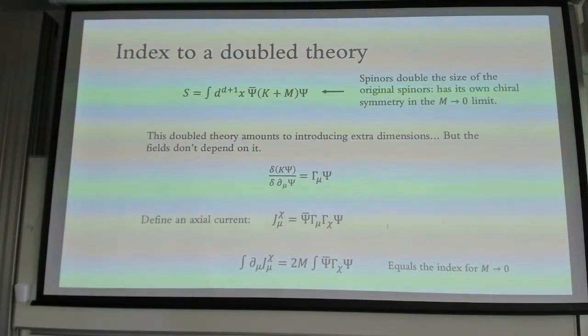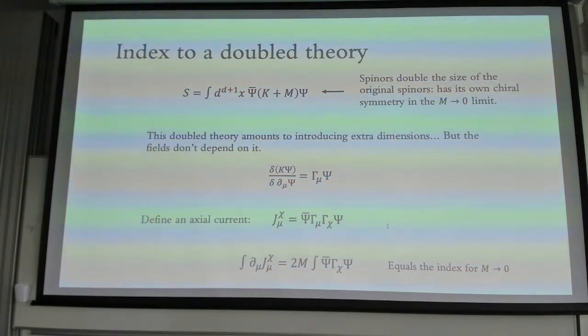So what you see here are spinors double the size of your original spinors in your original fermion theory. And if you take the limit of M going to 0, this theory has its own chiral limit. You can also think of it as a flavor symmetry instead of a chiral symmetry.